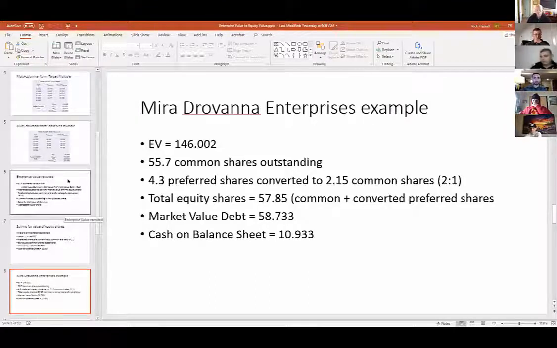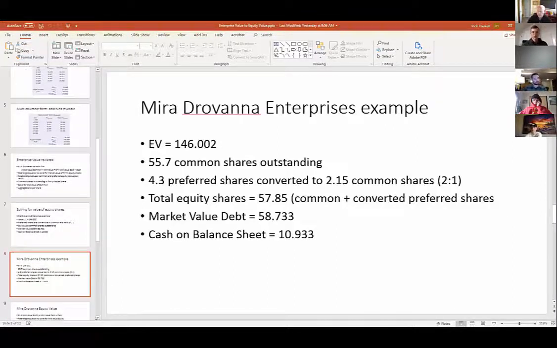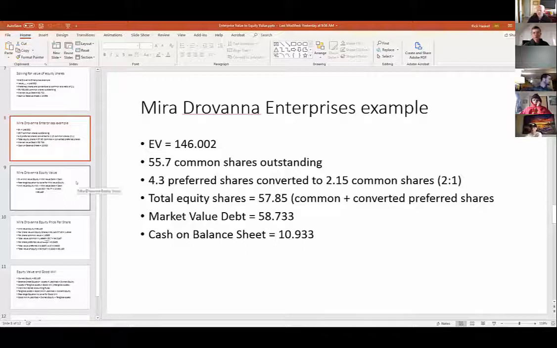We've done this already together through some of our discussions as we have looked at enterprise value and moving to equity value per share. So you've done some of this. But I want to use this information now in thinking about multiples.